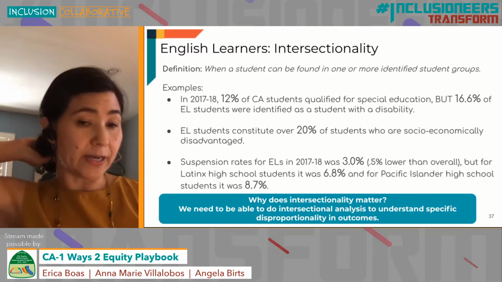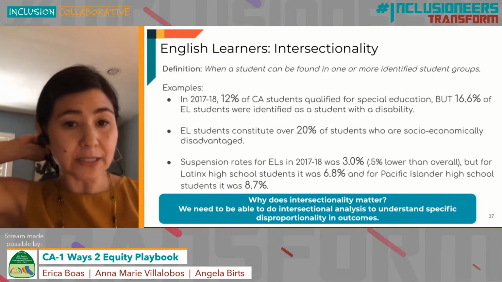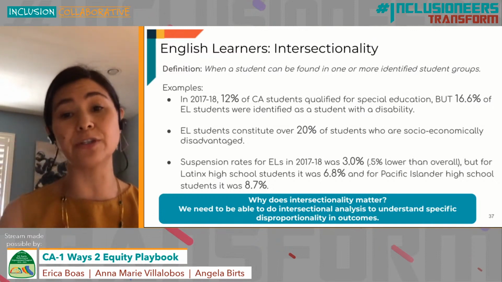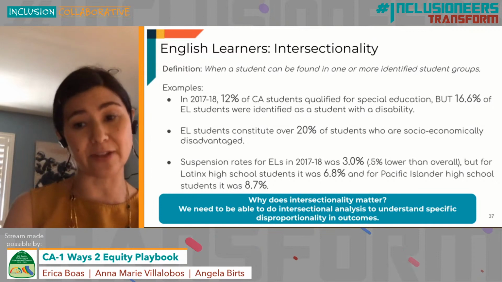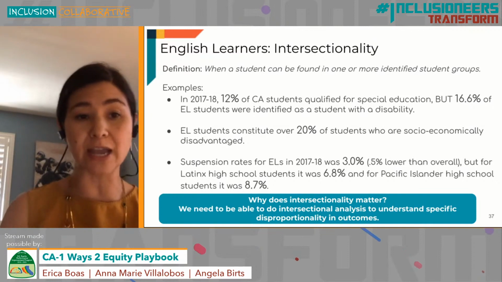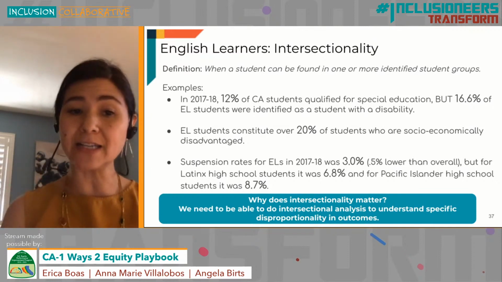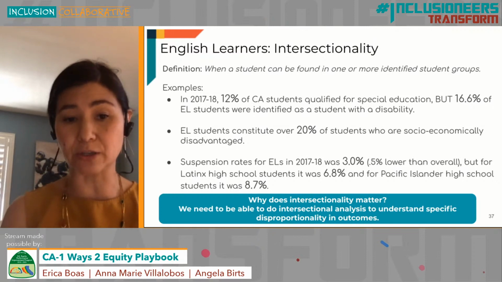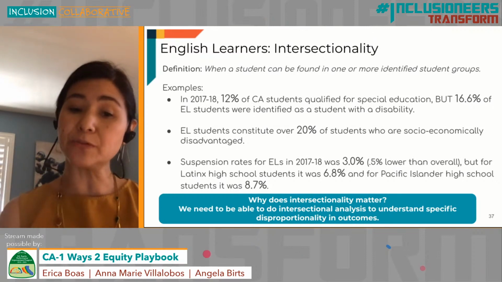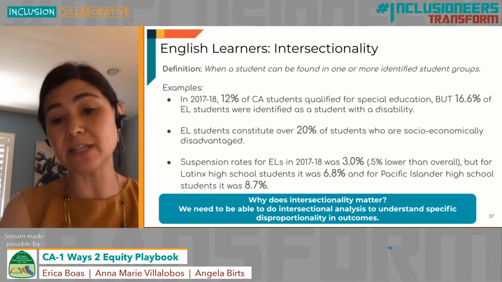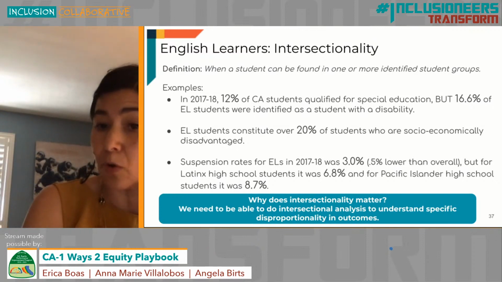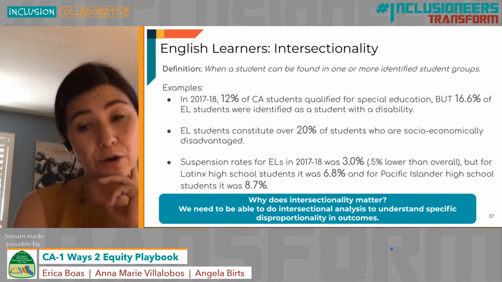The second bullet point is that English learner students constitute over 20% of students who are socioeconomically disadvantaged. Okay, so we have to look at socioeconomic status and English language learners. And finally, suspension rates for English learners in 2017-18 was 3%, or 0.5% lower than overall.